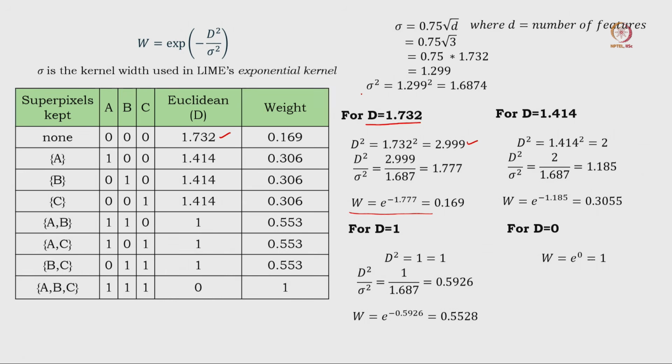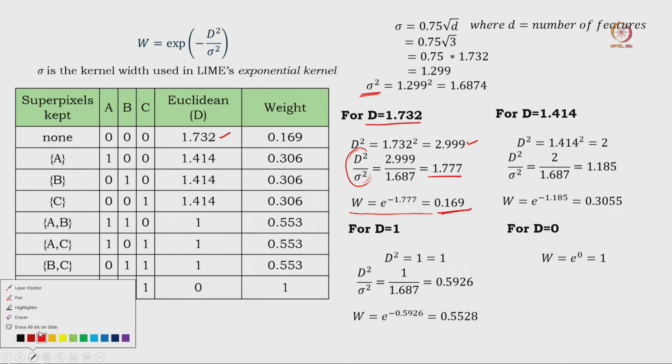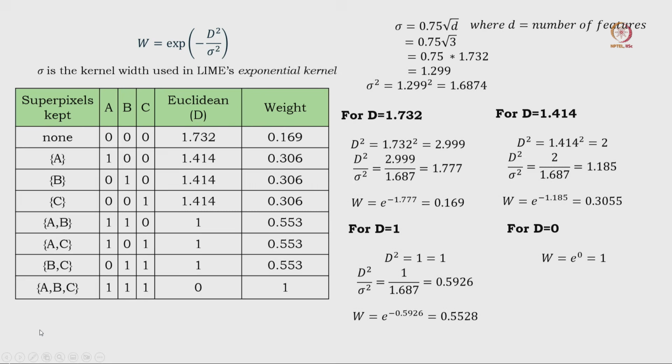Then we have also already calculated this. So, substitute the values into this, we are going to get this value. And ultimately, w is e to the power of minus this whole term. So, minus 1.777, we are going to get this value. I hope this is clear how to calculate the weights. So, ultimately w is 0.169.